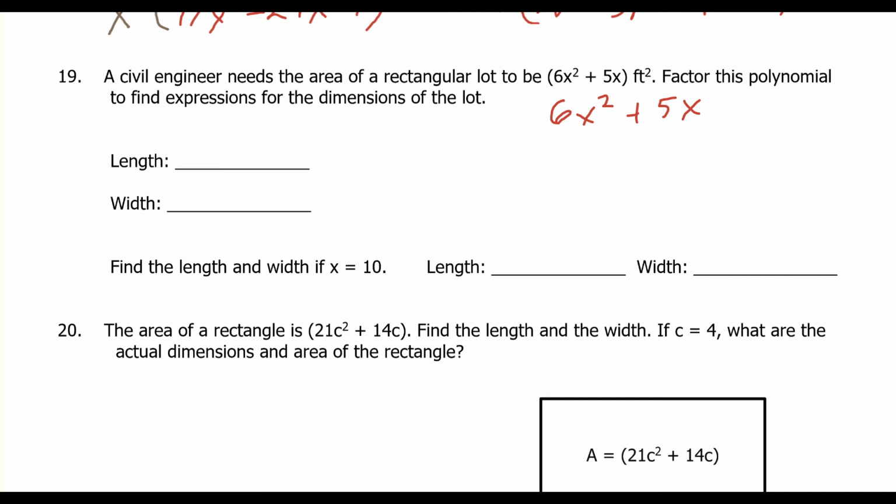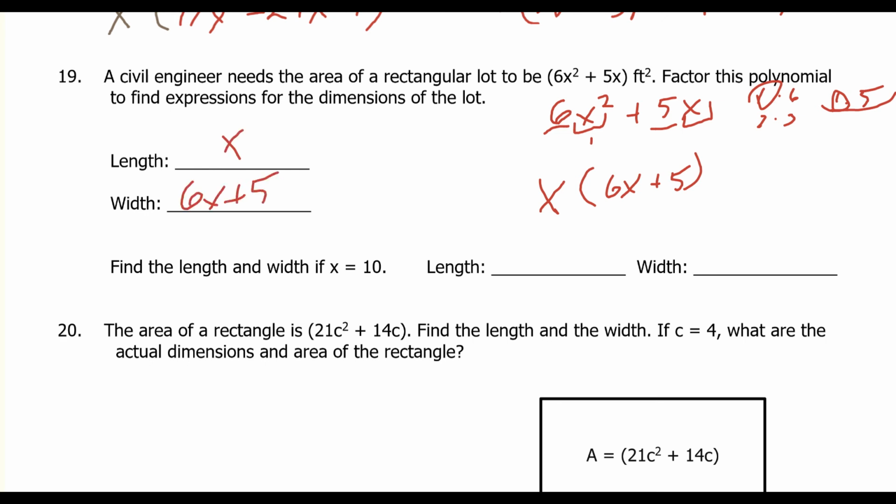There is no number that will go into both 6 and 5 evenly. 1 times 6, 2 times 3, and 1 times 5. Nothing other than the 1s, right? So what we can do is look at these x's. We can take x on the outside of 6x plus 5. And it's just that simple. So we got x and 6x plus 5.